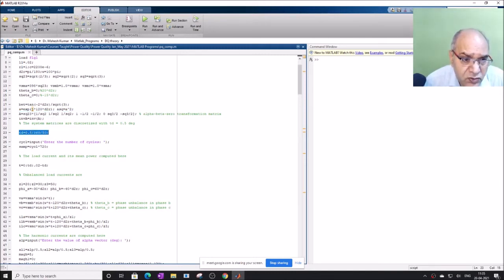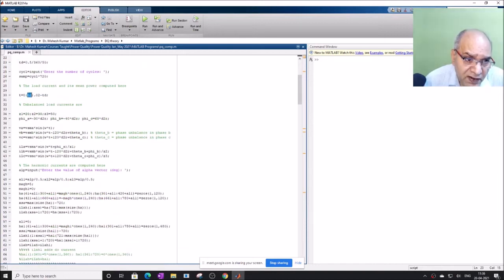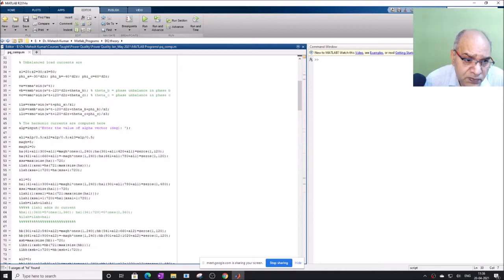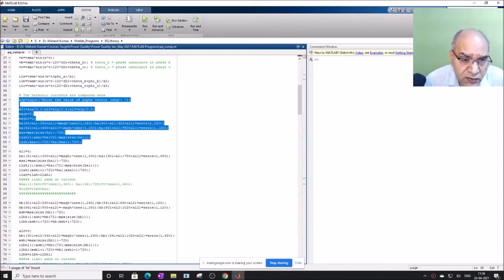We defined 720, so 720 points over a 50 Hz cycle. Once we define the sampling time, we can define other parameters: ZL, ZB, ZC, the load parameters. In the load parameters, we have taken the three-phase controlled rectifier load, where we can adjust the firing of the rectifier circuit.